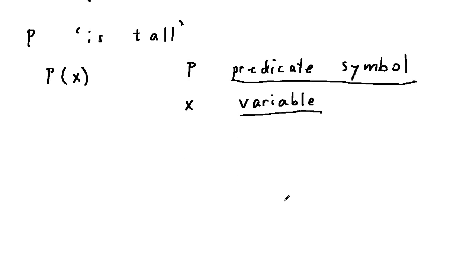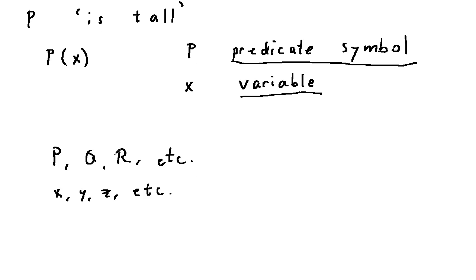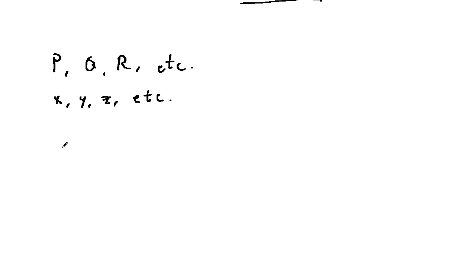In predicate calculus, we have a set of predicate symbols, P, Q, R, etc., and a set of variables, x, y, z, etc. We can think of P of x as a function of x where we can plug in different values for x.